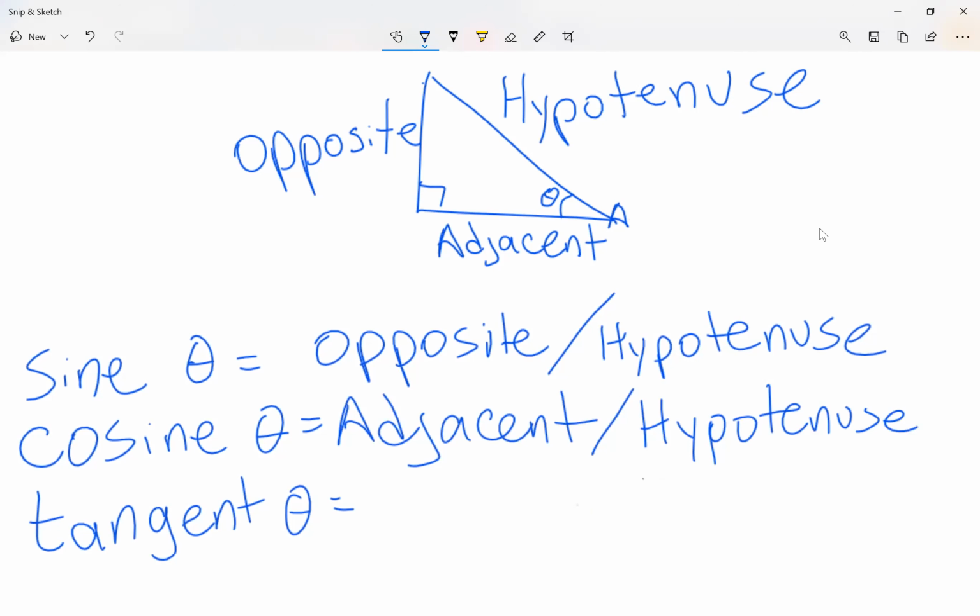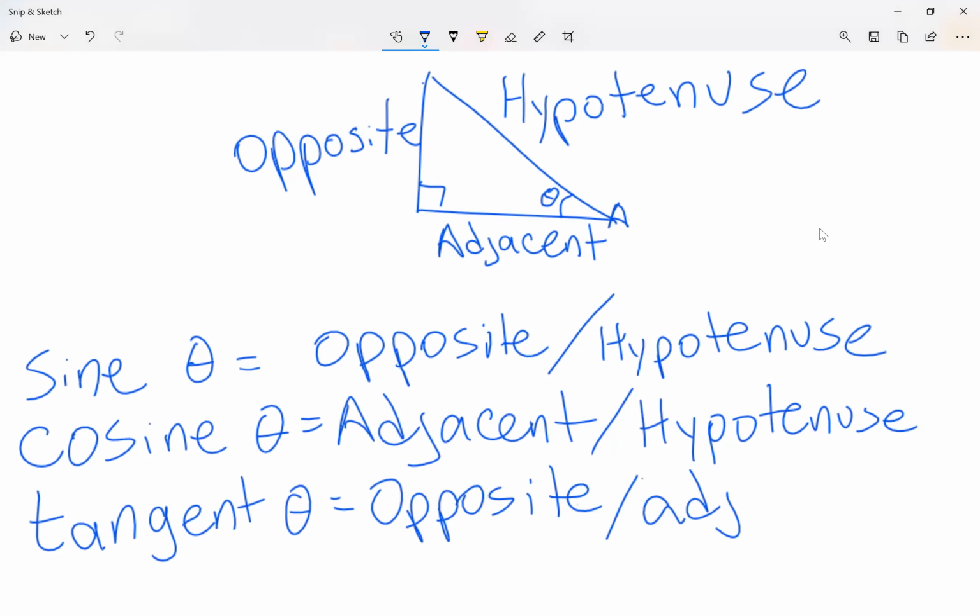And then tangent, the ratio for tangent is going to be opposite over adjacent. I'm going to ask you guys on your work, give me the ratio.